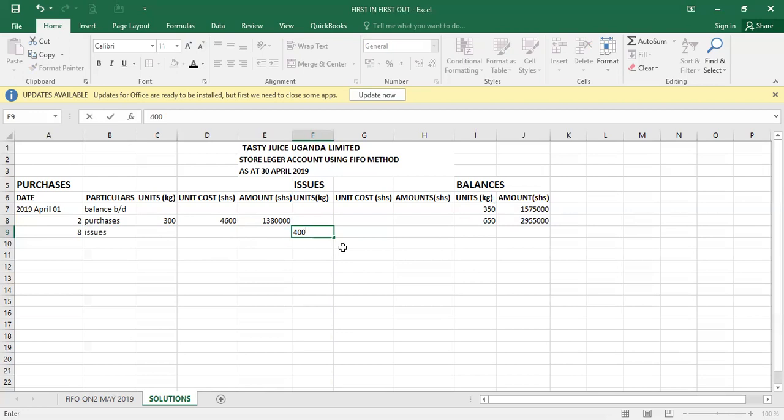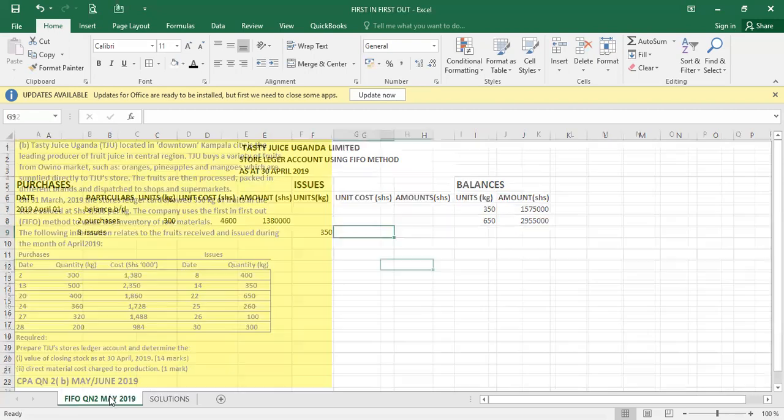They are the ones to be completed first, then we do the other one later. It means we are going to first complete the balance we had of 350. So we are going to first complete the 350. That 350 is going to be valued.